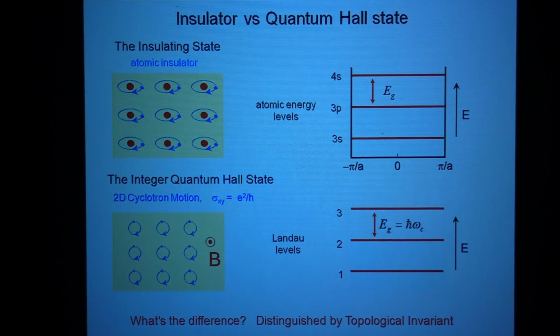All right. So let me start with a puzzle. We know what an insulator is. We learn about an insulator when we're freshmen. We learn that an insulator insulates because the electrons are bound to the atoms. They're stuck and they can't move.